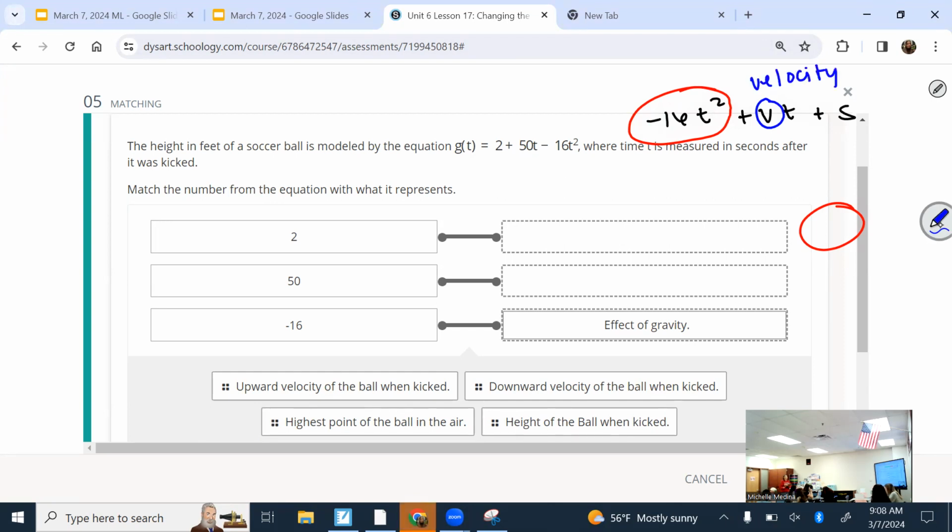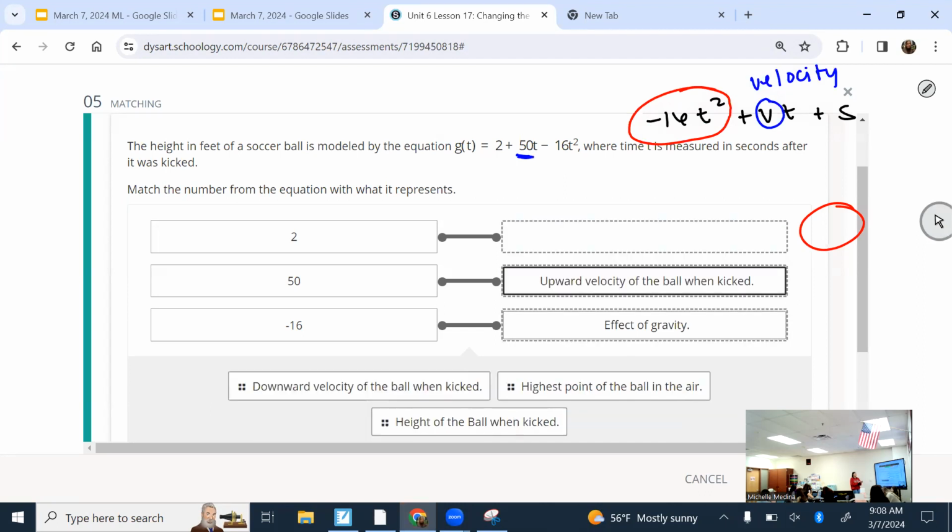And it usually won't say v, it'll usually say a number, but the number that's in front of the t is going to be my velocity. Would it be upward or downward velocity if they're kicking a soccer ball? Upward. So upward velocity for when the ball is kicked.